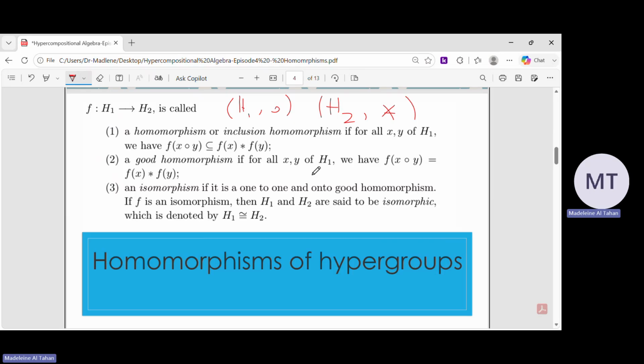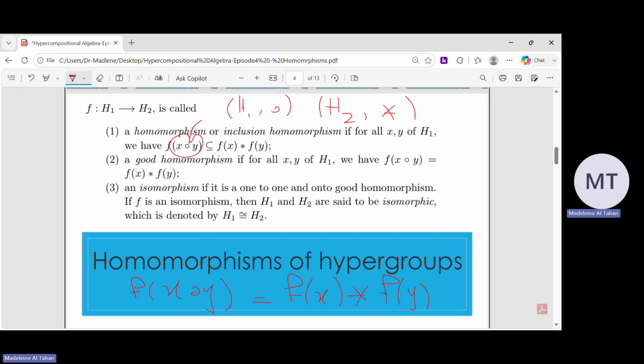Now, if we go back to groups, we have f(x round y), which is an element, equal to f(x) star f(y), which is also an element. Because we are dealing with hypergroups, x round y is a non-empty subset of H. Because of that, we are writing it as a subset of f(x) star f(y).